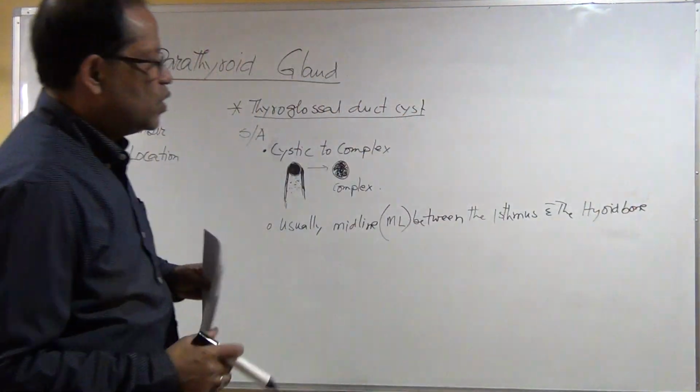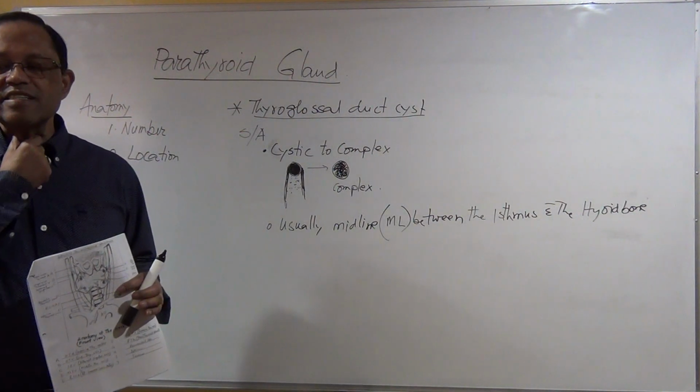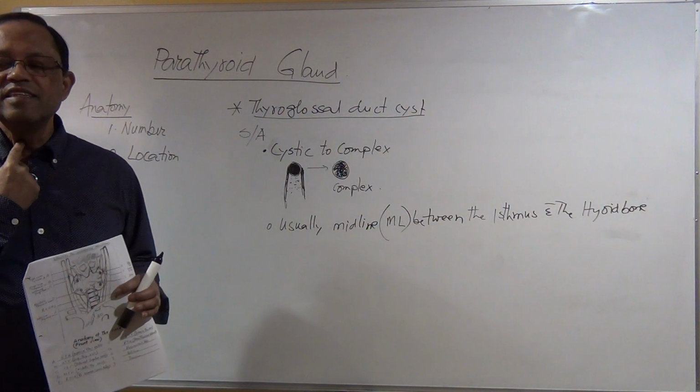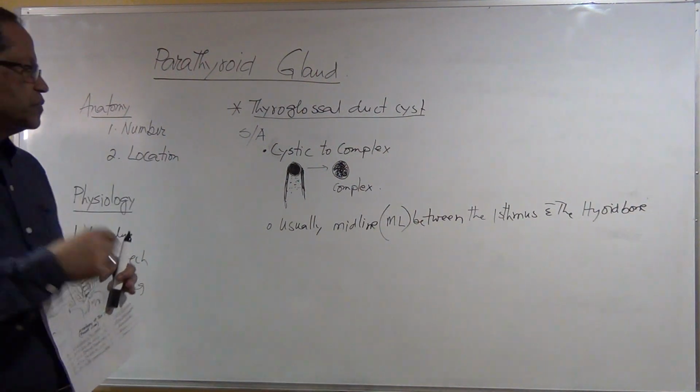Where is the hyoid bone? The hyoid bone is above the thyroid cartilage. See the Adam's apple here? Above it, there is the hyoid bone.